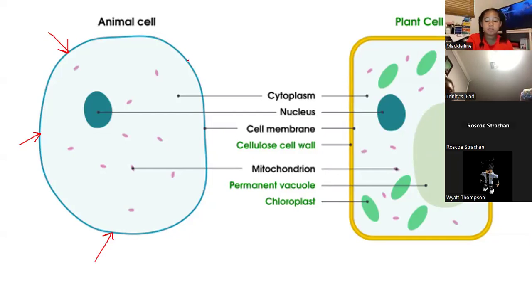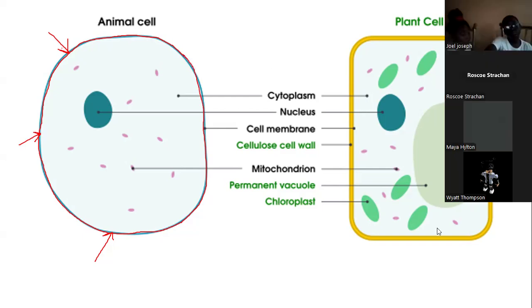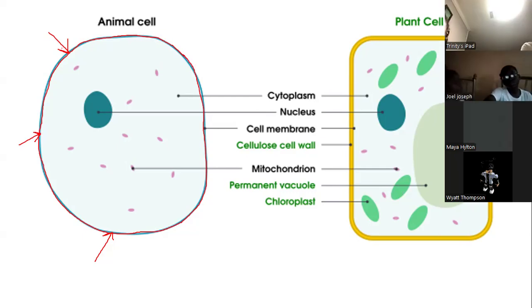Trinity and Kylie, what's the structure that surrounds the cell? Cell membrane. Yes, the cell membrane. Very good. Both plants and animals have a cell membrane. So the animal cell membrane, the plant cell membrane would be right here.